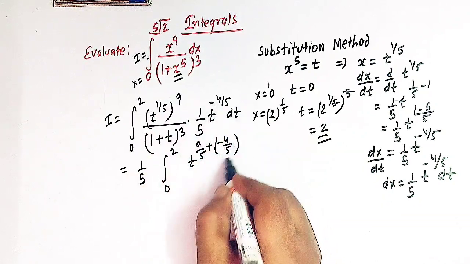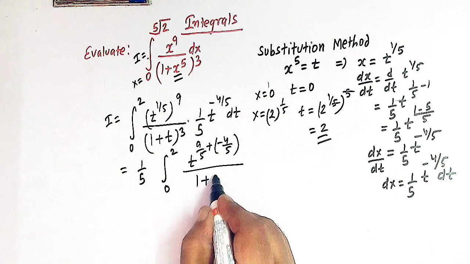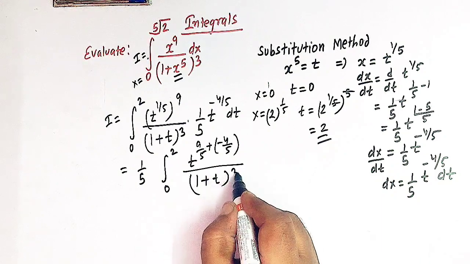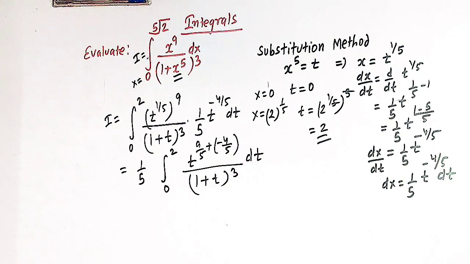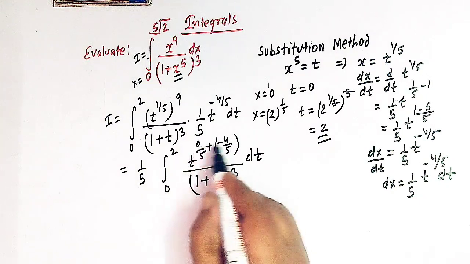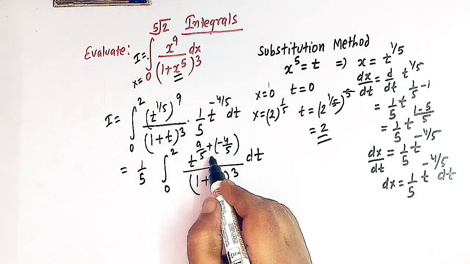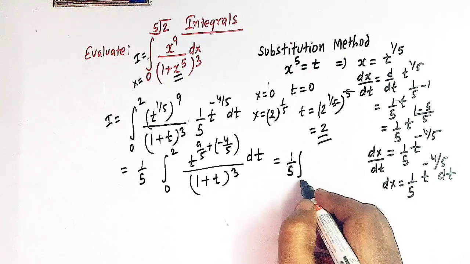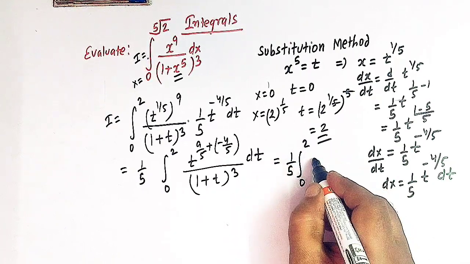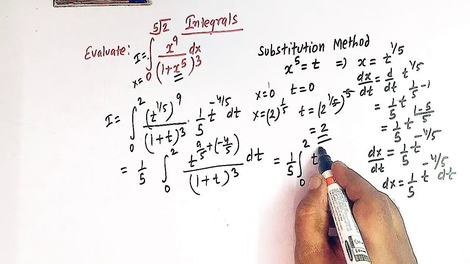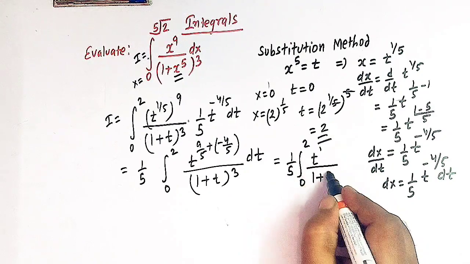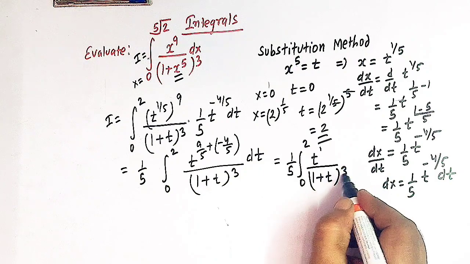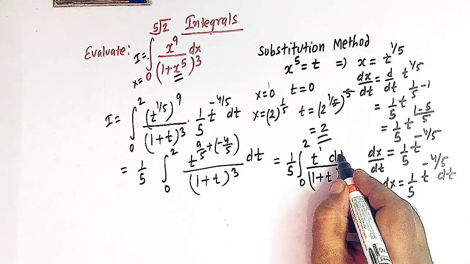So we have (1 plus t) cubed, and here we have dt, right? So 9 minus 4 is 5, 5 over 5 is 1, so we have simply 1 over 5, 0 to 2, and then we have t raised to 1 here, and (1 plus t) cubed, and here we have dt.